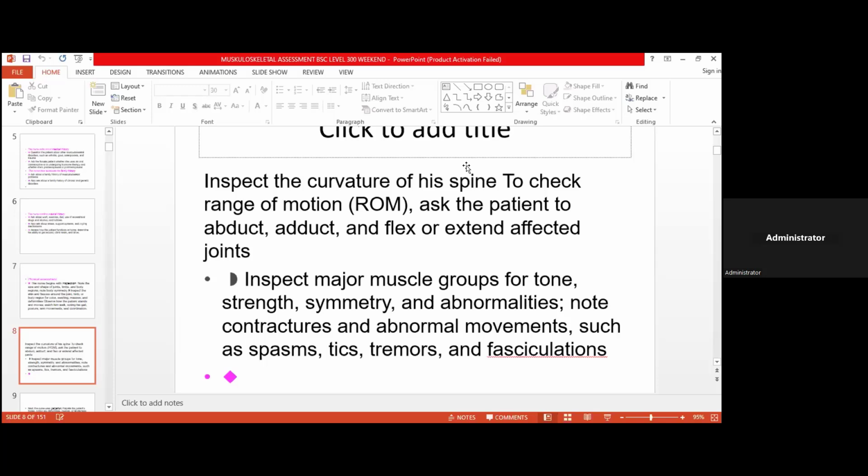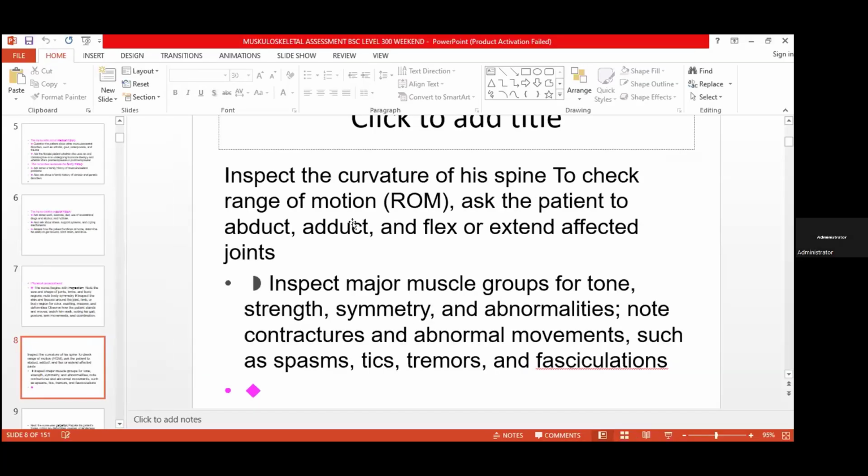Then you have to check the range of motion. Ask the patient to abduct, and flex or extend the affected joint. So what is the meaning of abduct and adduct?